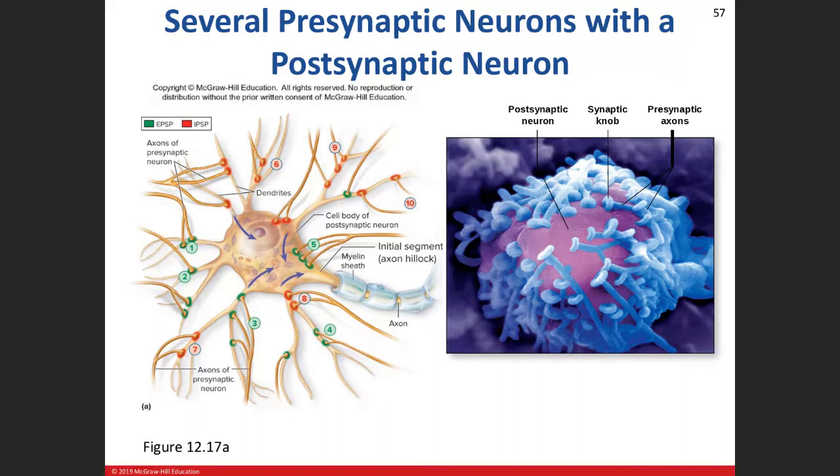The red represents the IPSP presynaptic neurons, and the green represents the EPSP presynaptic neurons. They're all trying to manipulate the cell body with the potential. We add it up, see which one has more, and if it's enough where the EPSPs make threshold, then we get an action potential.